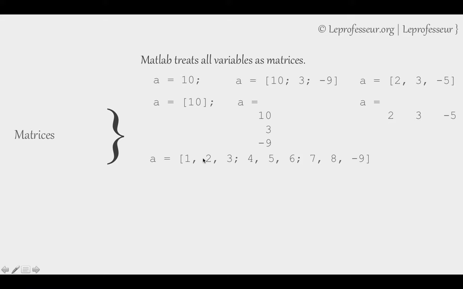First column 1, second column 2, third column 3. Same way, this will become a second row, and 4 will become the first element in the second row, and so on. So how can we visualize it? A equal to, it's a 3 by 3 matrix, say 1, 2, 3. So this 1, 2, 3 becomes the first row before the semicolon. Same way, 4, 5, 6 becomes the second row.